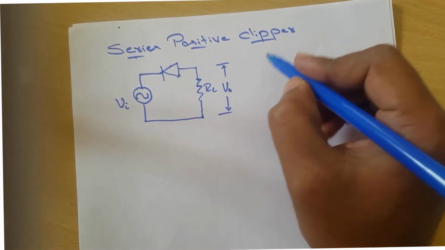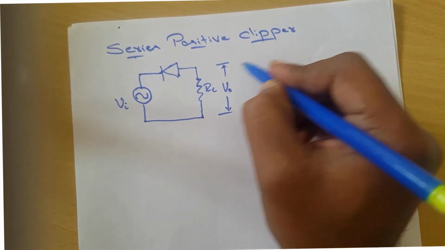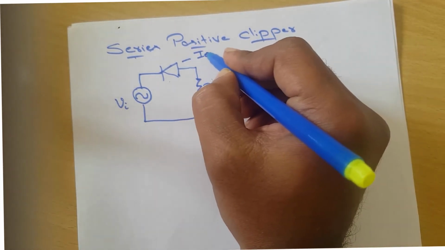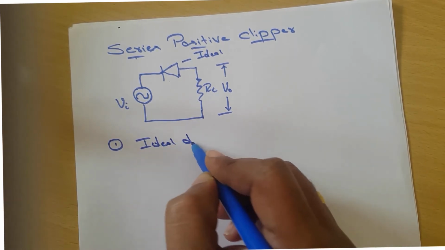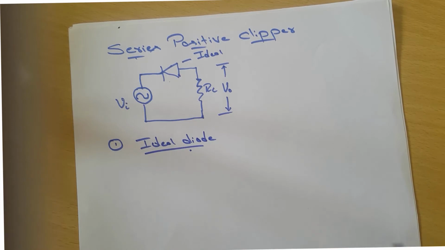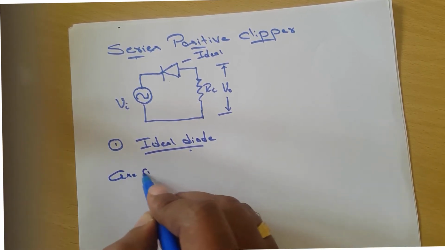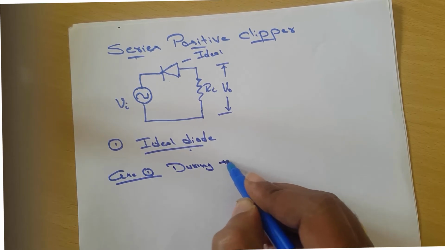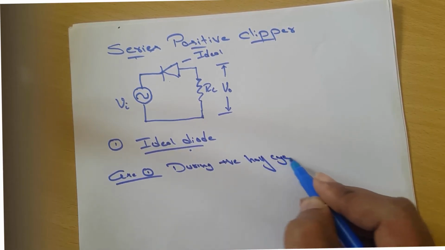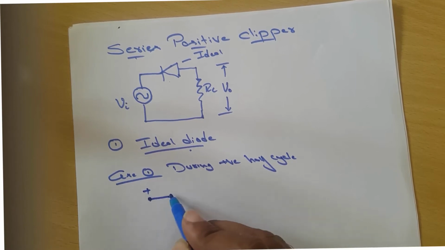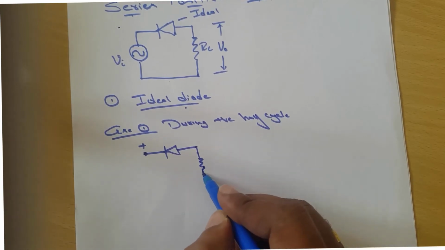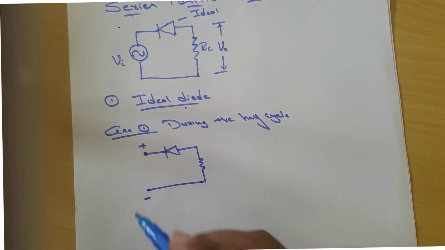So for that, let me consider this diode is an ideal one. In the first case I will be discussing an ideal diode, and under that the case 1 is during the positive half cycle. During the positive half cycle, this terminal will become positive and this terminal will become negative.